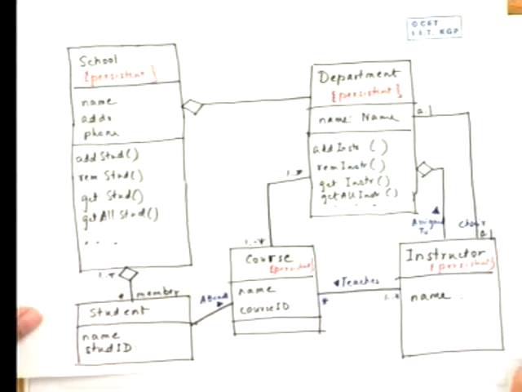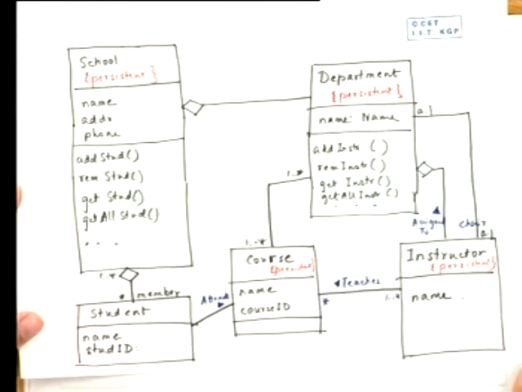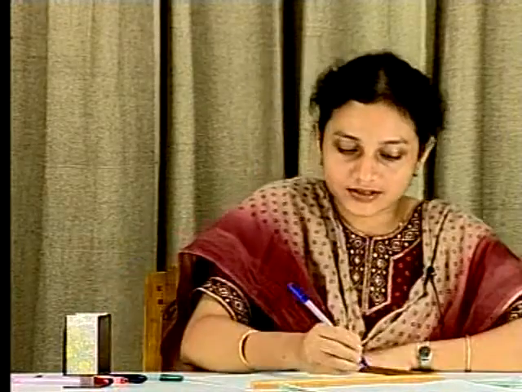So this is the modeling of a logical database schema corresponding to the school student course instructor database. Now, these class diagrams form the basic structural modeling. We will now look at a few of the advanced structural modeling features.